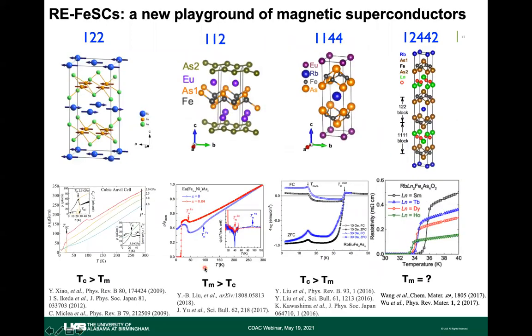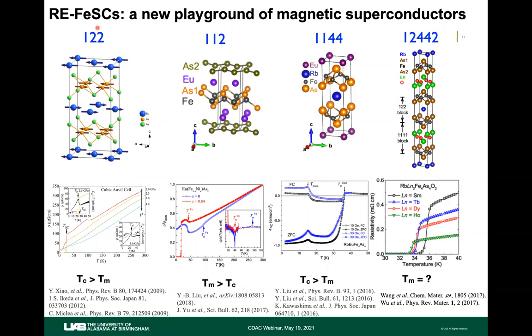Okay, next I plan to give you 2 examples of application in europium systems. The whole motivation is the rare earth-based iron pnictide superconductors. I think most people know what iron pnictide superconductors are.